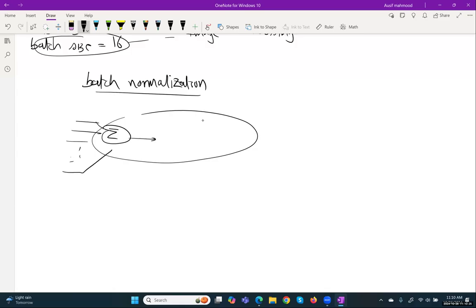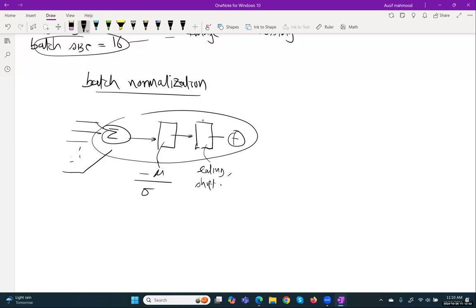We came up with two extra intermediate layers before passing to the activation function. This one will do the subtraction by the mean divided by the standard deviation. Then this one will do a little bit of scaling and a shift of the data, right? So this will do scaling and shift.